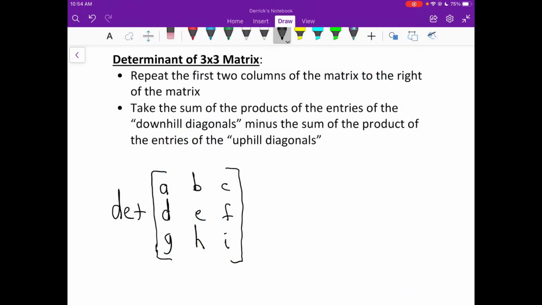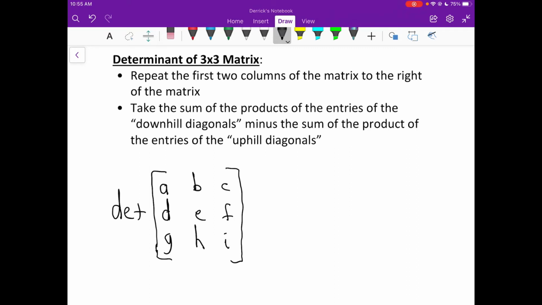Now let's talk about how to find the determinant of a 3 by 3 matrix. This is going to be a little bit more involved, as you would expect with a larger matrix. There are two steps to this. Your first step is to take the first two columns and repeat them to the right, turning the 3 by 3 matrix into almost a 3 by 5.